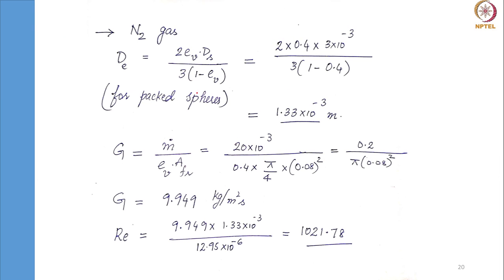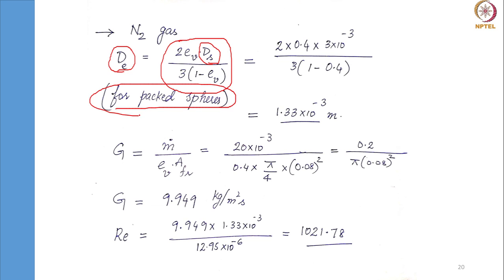I'll go through it again. I first calculate the equivalent diameter using the formula 2 times porosity into diameter of each sphere, divided by 3 times 1 minus porosity. This is only true for packed spheres. I have 1.3 mm as my equivalent diameter.